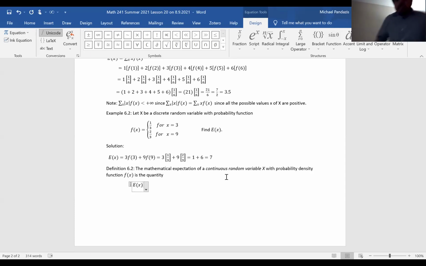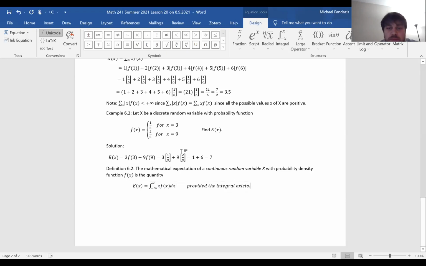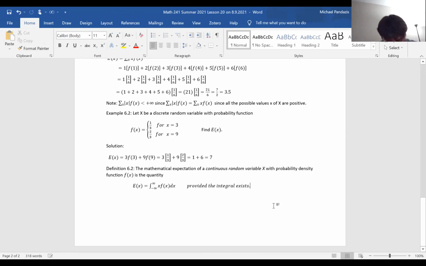Okay, good. Okay. So E of X is equal to the integral from negative infinity to infinity of x f of x dx, provided the integral exists. Okay.